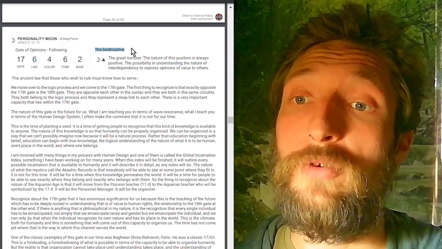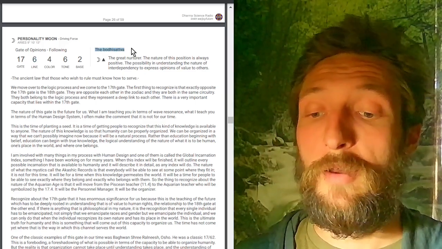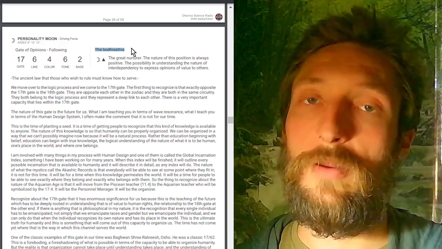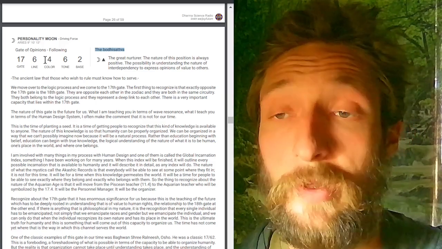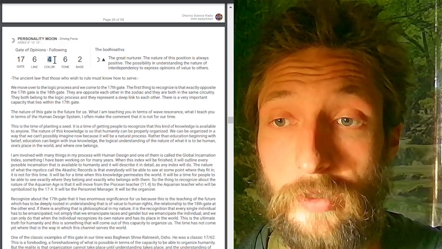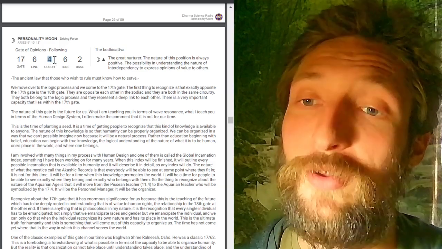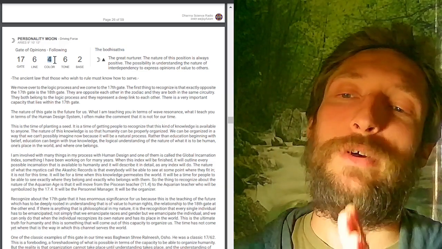And it's coming through the 4th color, and this 4th color is the color of the opportunist. You see, this is the color of needs.